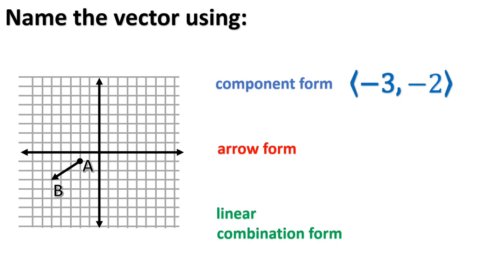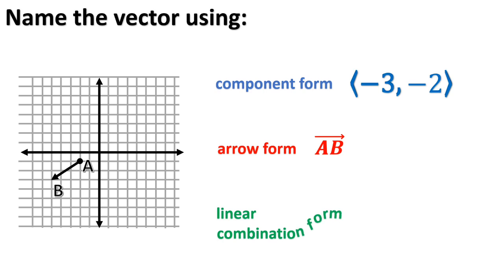The vector in the picture in component form is vector ⟨-3, -2⟩. Using arrow form, the vector begins at A and finishes at B. In arrow form, we have vector AB.